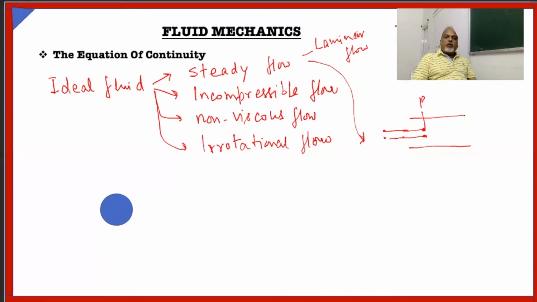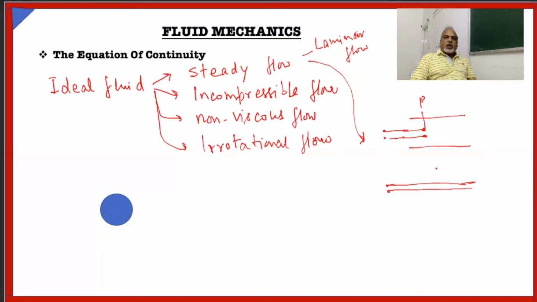What about incompressible flow? Incompressible flow means the density of the fluid particles should remain constant. Non-viscous flow means it should not have any friction between the layers. One particle is moving like this, another adjacent to it is moving like this, and they should not have any friction in between.